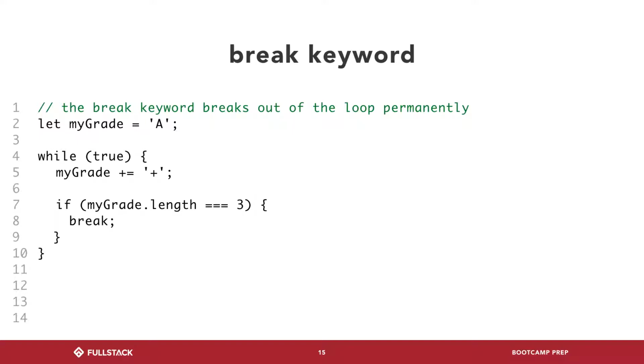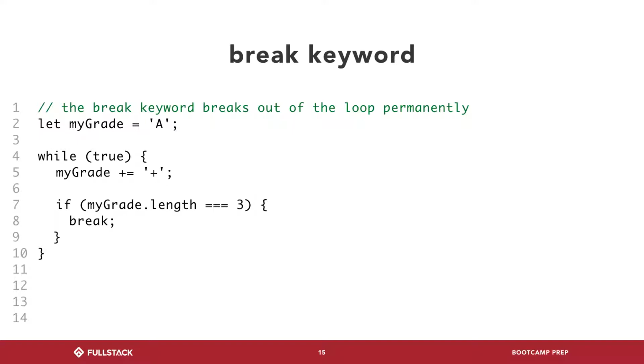We start with A, which is migrate. This while loop has true in it, so we pretty much know that this while loop will run nonstop, unless we have a break or a return inside here, because otherwise this conditional is never going to become false. So the only way to stop this function is with a break or with a return. In this case, we take migrate, add a plus to it, and then check the length of migrate.